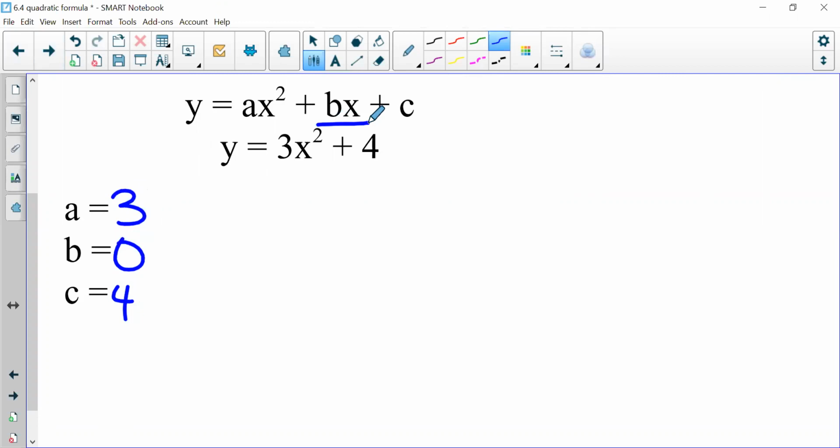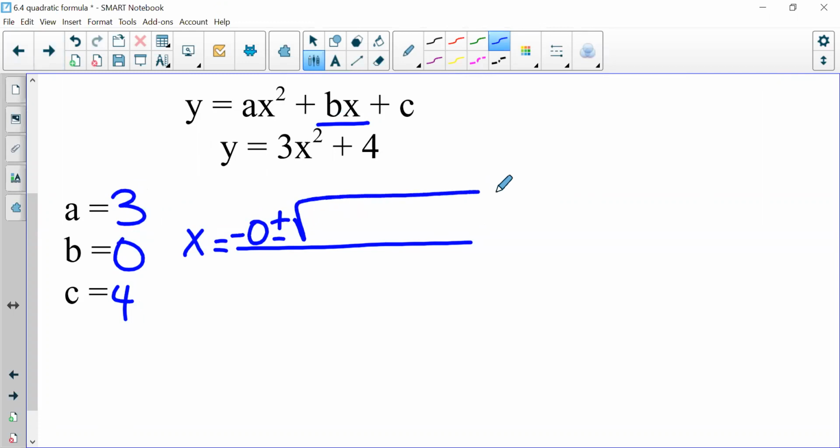Okay, Kira is already analyzing this, trying to make some guesses. Let's see what's going to happen here. x equals negative b, negative 0, plus minus the square root of b squared, which is 0 squared, minus 4ac, all over 2a.